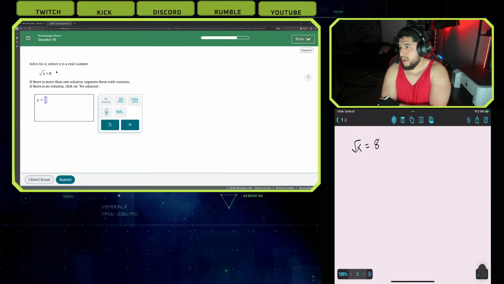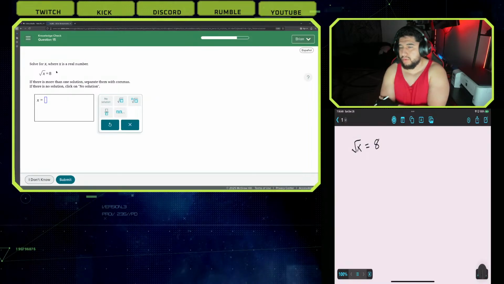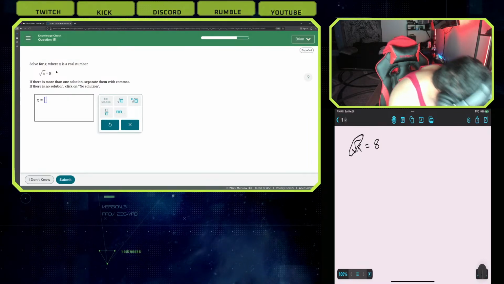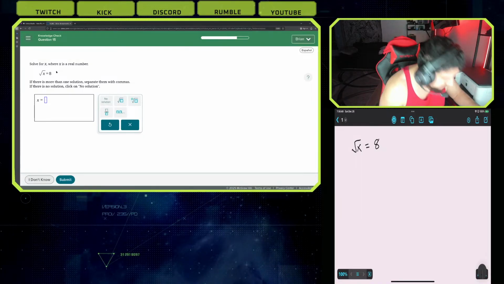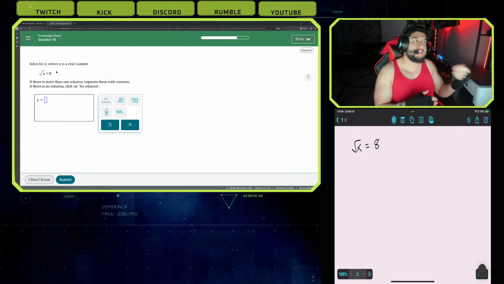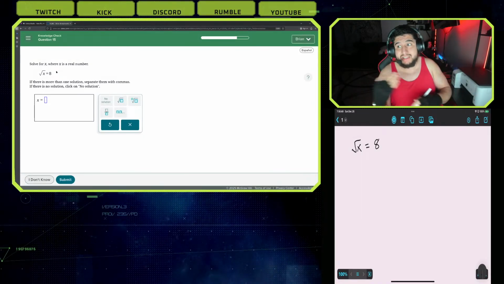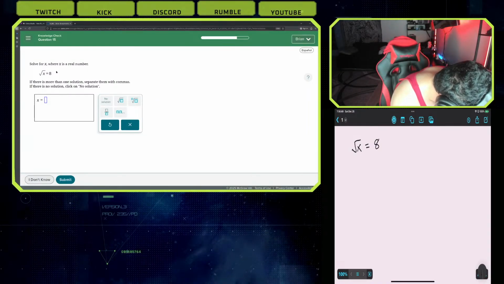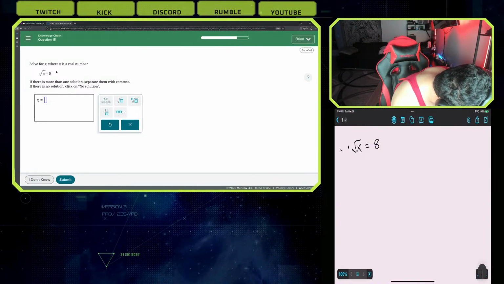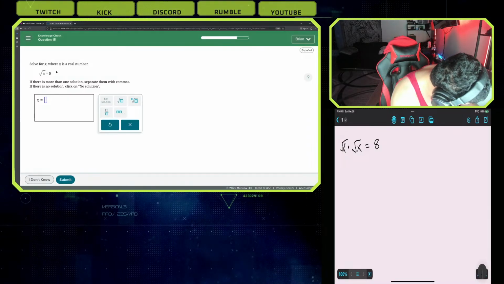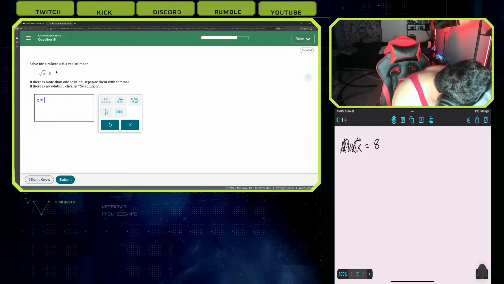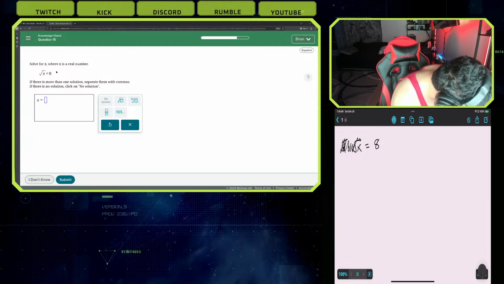Okay, so we get rid of this square root symbol by doing the opposite. The opposite of a square root is squaring it. So we square the square root of x, which just gets rid of the root, and the only thing left over is x.